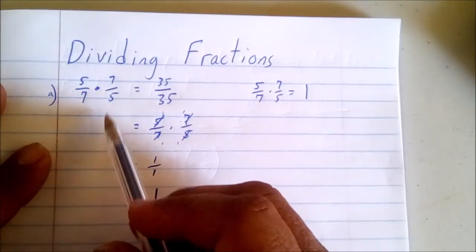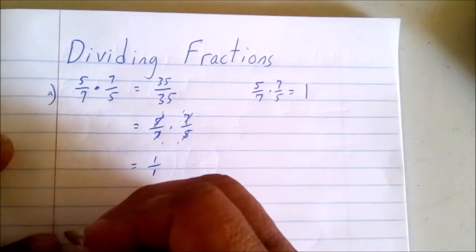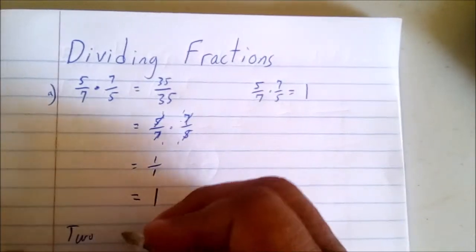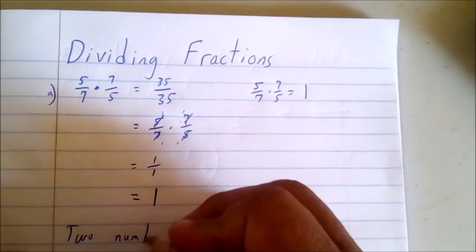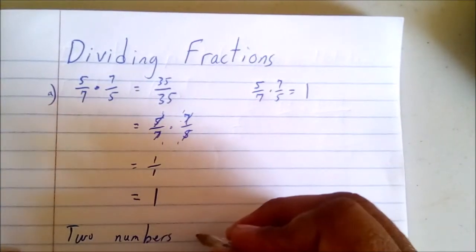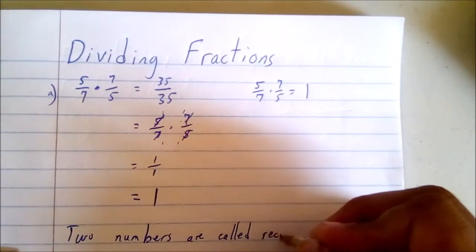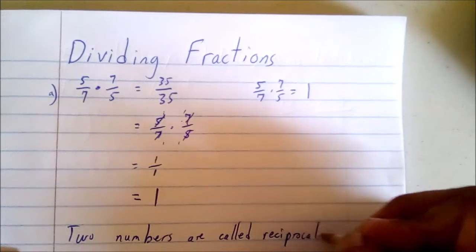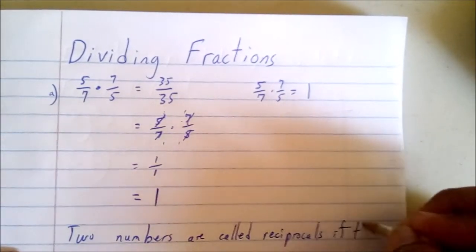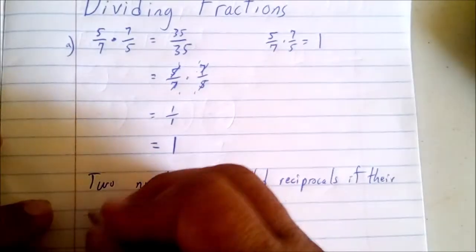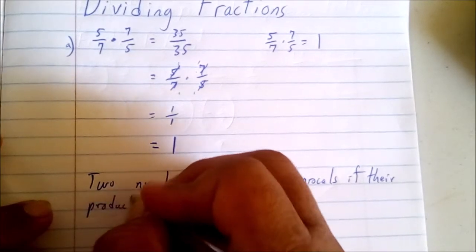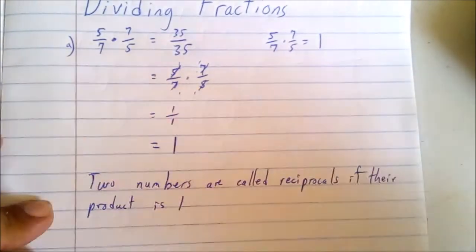So that's what happens. Let me write a rule here. Two numbers are called reciprocals if their product is 1.